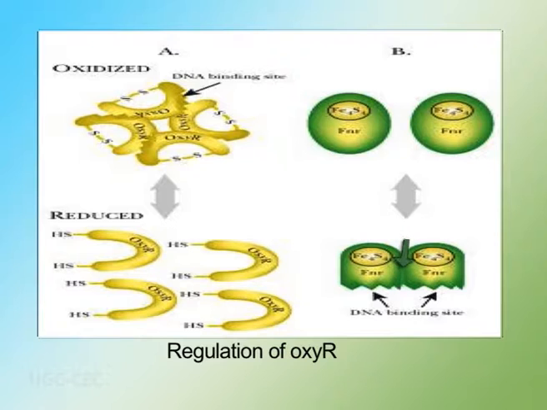So these two examples give us a clue that every time the activators need not sense a signal in terms of some external compounds. They just undergo oxidation or reduction, thereby leading to a change in conformation, and sometimes they gain DNA binding affinity, sometimes they lose the DNA binding affinity.